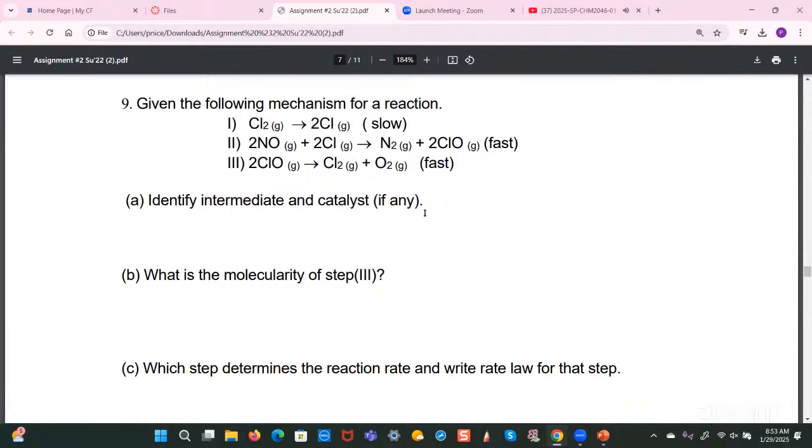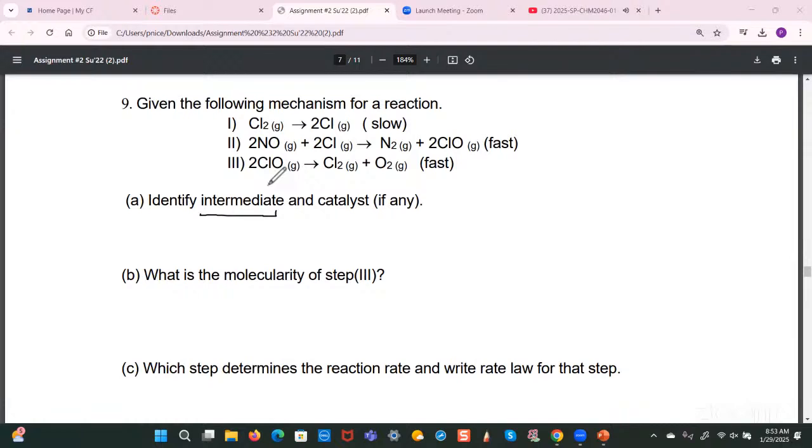Based on the mechanism provided here, identify intermediates, and it could be more than one, and catalysts could be more than one. It says if any, in other words, there may be none. So let's concentrate on intermediates. Are there any species that are produced in one step and then used up in a subsequent step?